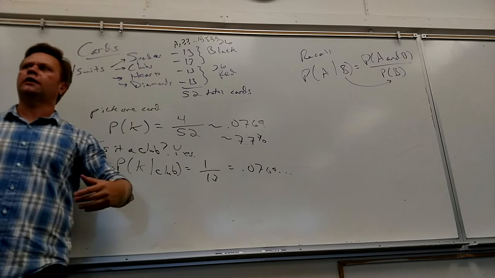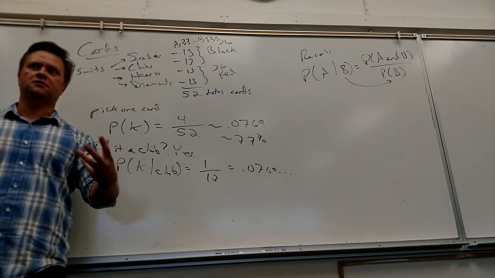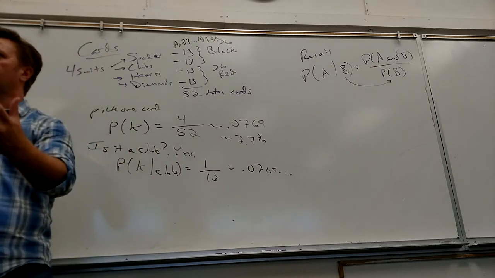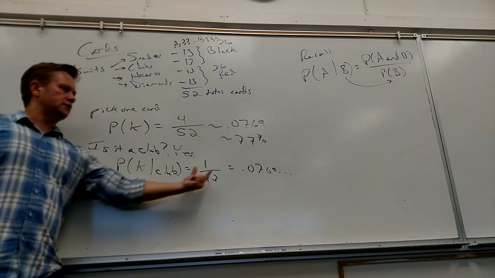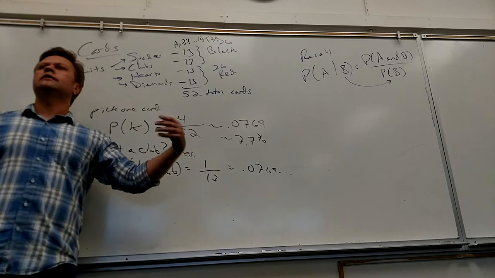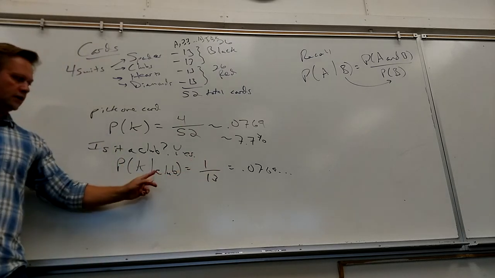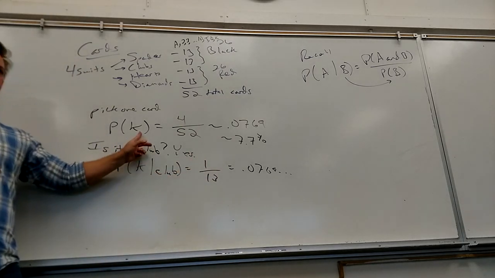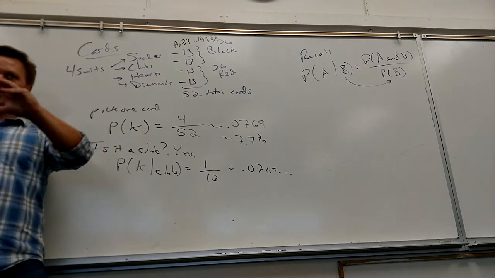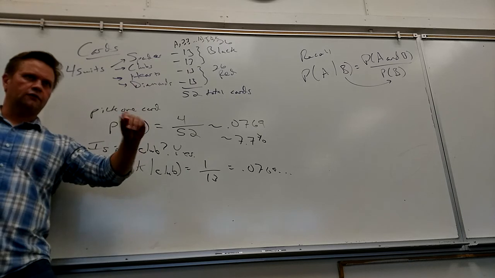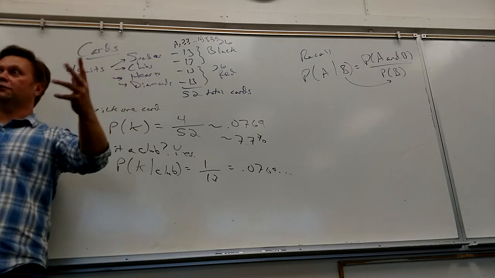Does it sound like we should call that dependent or independent? Independent. It makes sense, right? I told you that the club happened, and the king probability didn't care. That is independent. So if the given probability does not change from what it was before, that's independent.